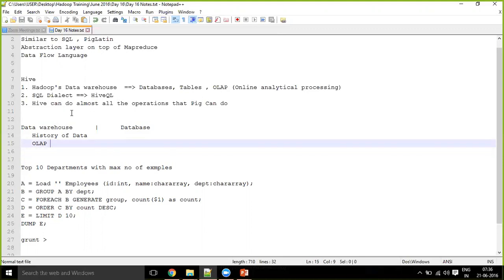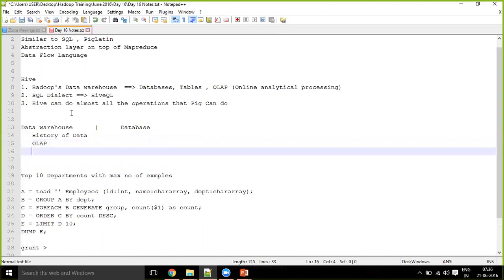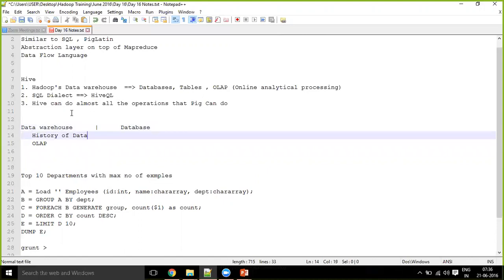So its main purpose is OLAP, and they will have databases, tables, and all that stuff. These are the purposes of a data warehouse.